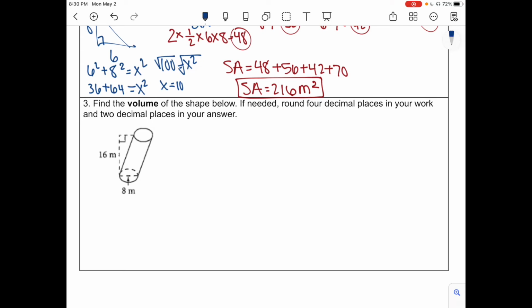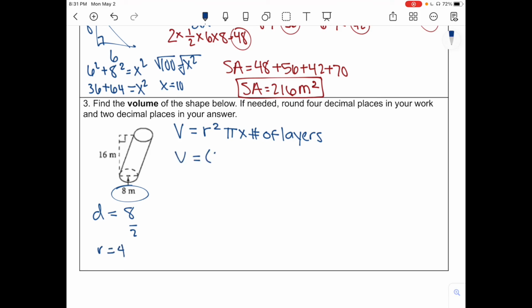So same idea here. The volume formula for a cylinder is r squared pi times h, or times number of layers, however you prefer to look at it. And you've got to be really careful. Right now we have the diameter is 8, so to find the radius, I'm going to divide that by 2. So radius is 4, and then we've got all the numbers we need. So volume equals 4 squared pi times number of layers, which is 16.